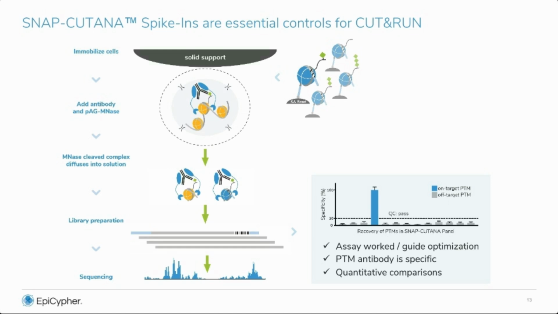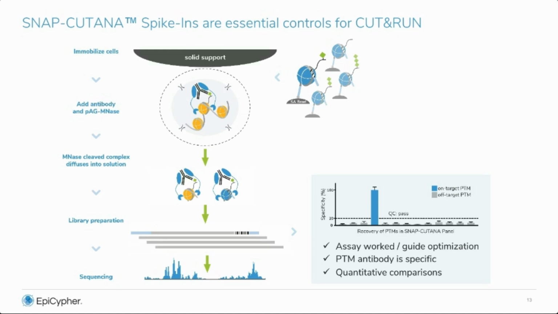In CUT&RUN instead, you're taking your intact cells, so there's no heavy sample processing here, just cells that you immobilize to a solid support. So we took our spike-in PTM-defined DNA barcoded nucleosomes, and we immobilized them to a solid support as well, just like your samples are immobilized.